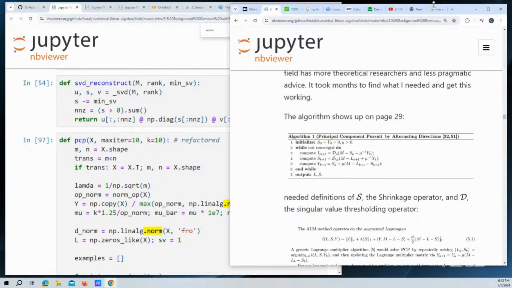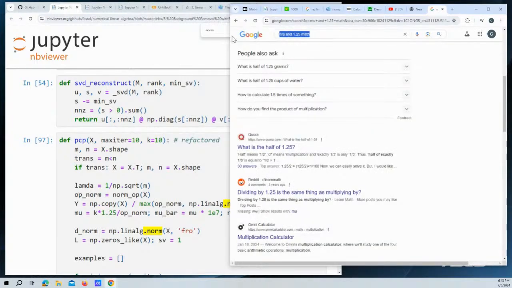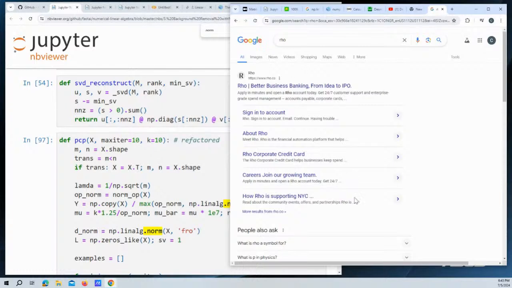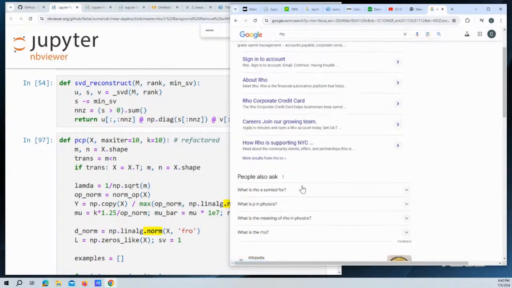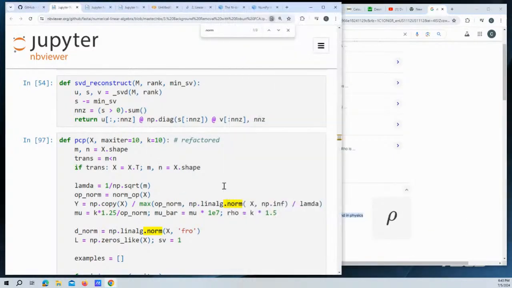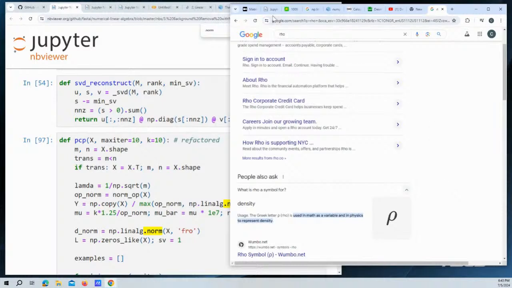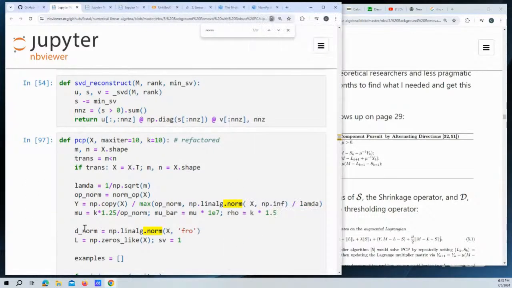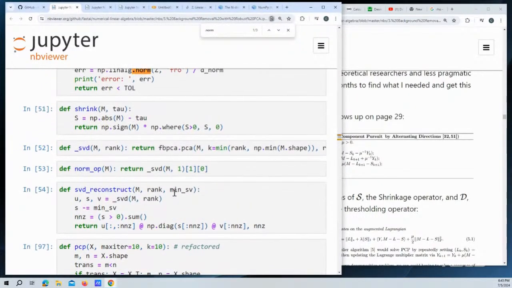Let's see. I don't see rho. If that's rho. I don't see rho in this formula, so I'm not sure why we have rho yet. That is something we'll have to figure out. And then norm of x.